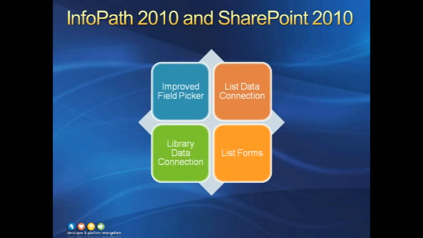Okay, now in addition to the XSLT web part, we also have some neat integration with InfoPath 2010. Inside the SharePoint Designer, if you open a list, you're going to see the ability to create secondary forms using InfoPath.